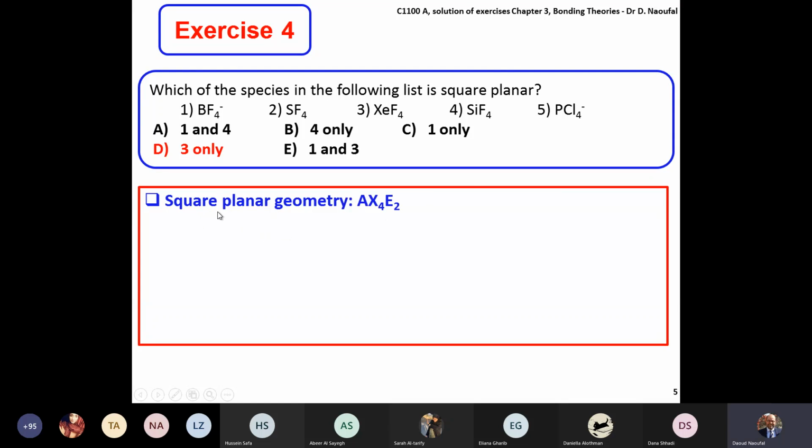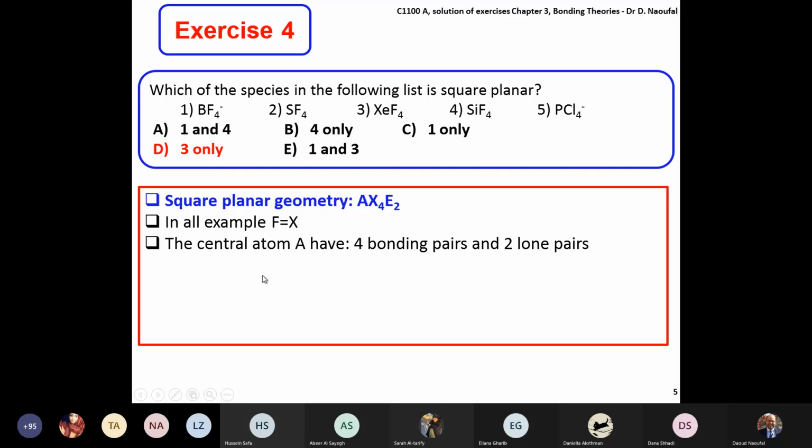So for a square planar geometry, the simple form AXmEn should be AX4E2. In all examples, the X is F. The central atom A has 4 outer atoms.